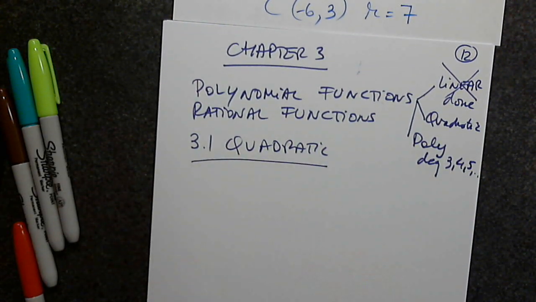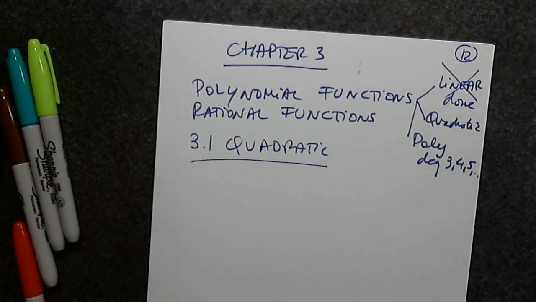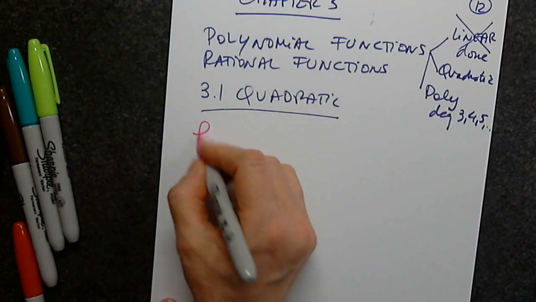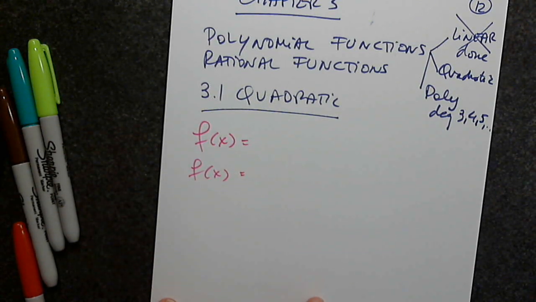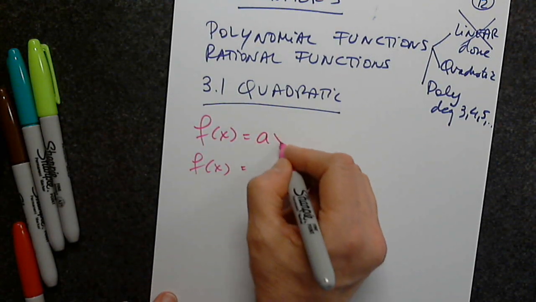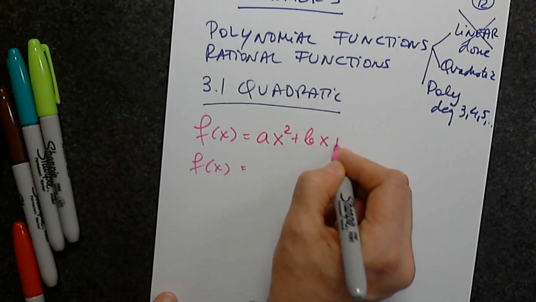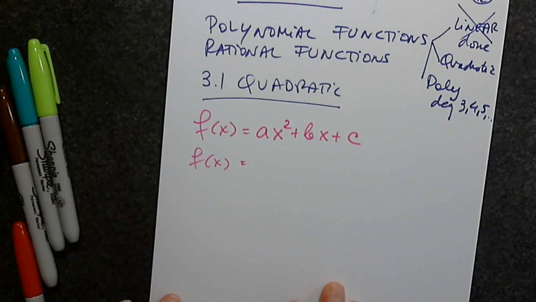Quadratic should have been known. I will not assume that. I will go through the whole thing again. So quadratic functions can be given to us in 2 different ways. Here's one way, ax squared plus bx plus c.